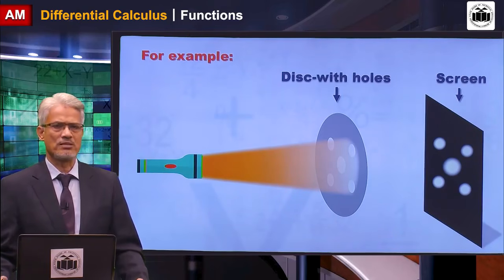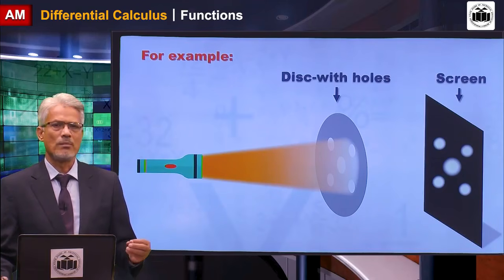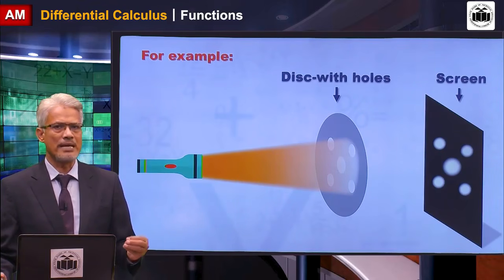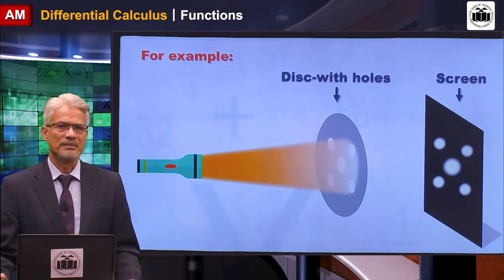We can think over it. If you think, bright spots are created due to the effect of the light of the torch, and we are getting as many bright spots on the screen as there are holes on the disk with the effect of the light.